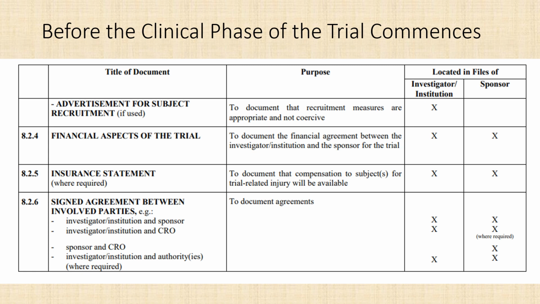Insurance statement, to document that compensation to subjects for trial-related injury will be available, should be available both with the investigator as well as the sponsor. The signed agreements between the involved parties, for example, investigator, institution and sponsor; investigator, institution and CRO; sponsor and CRO; investigator, institution and authorities. All these agreements should be present both with the investigator as well as the sponsor.